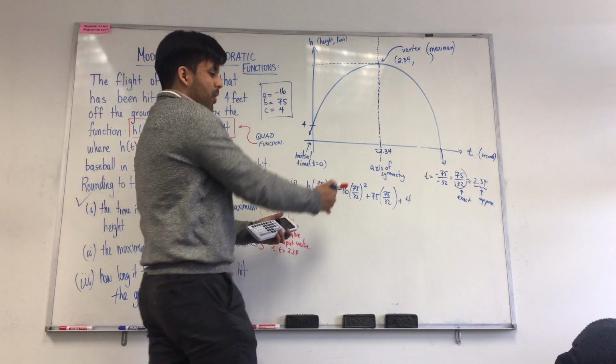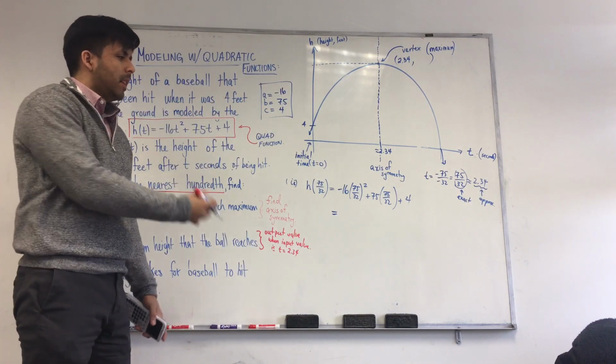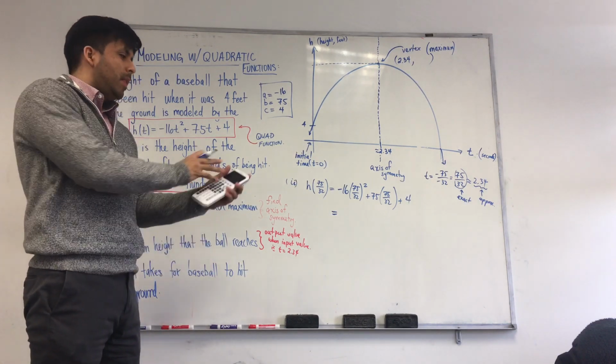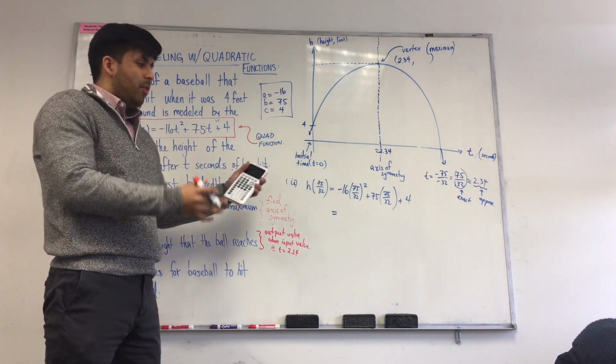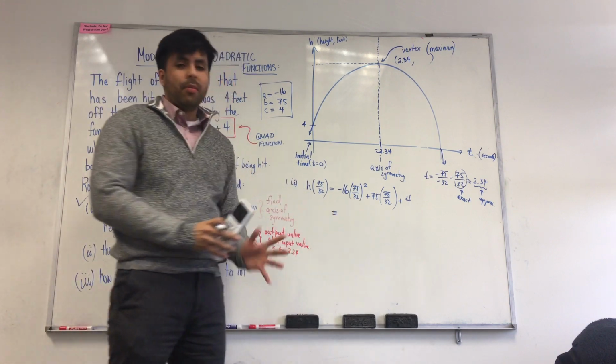Now, when you plug this into your calculator, it might take some time, and there may be some error. If you put everything in correctly, no problem, but sometimes you may forget the parentheses, right?